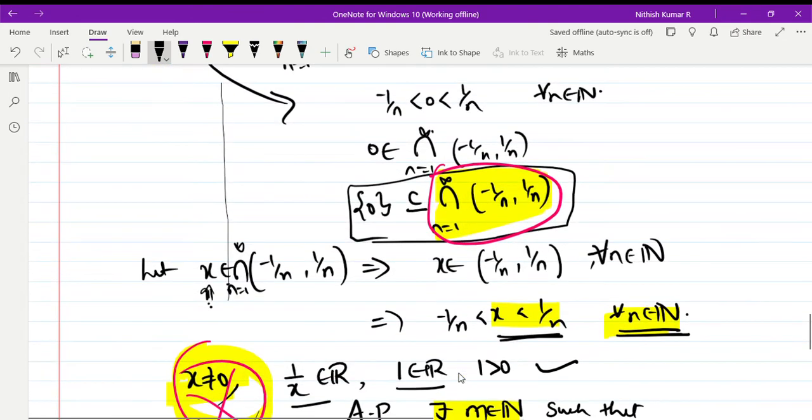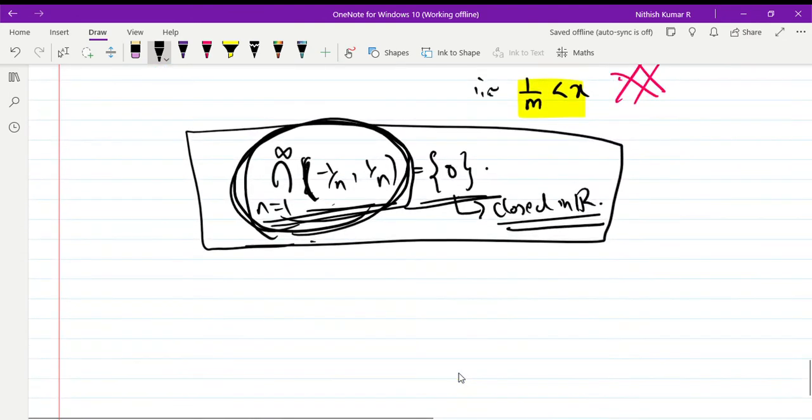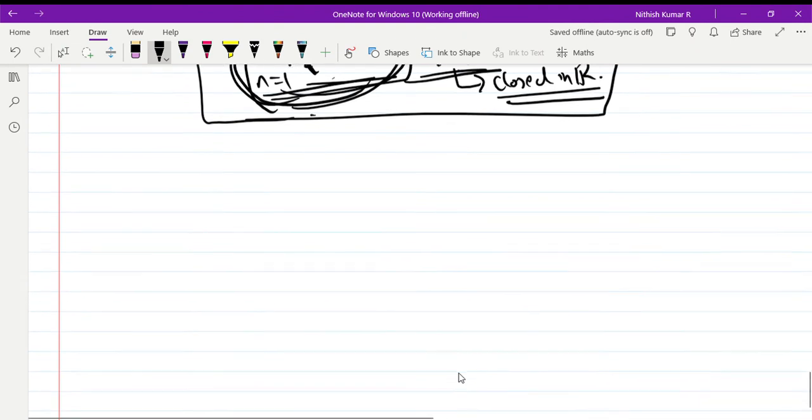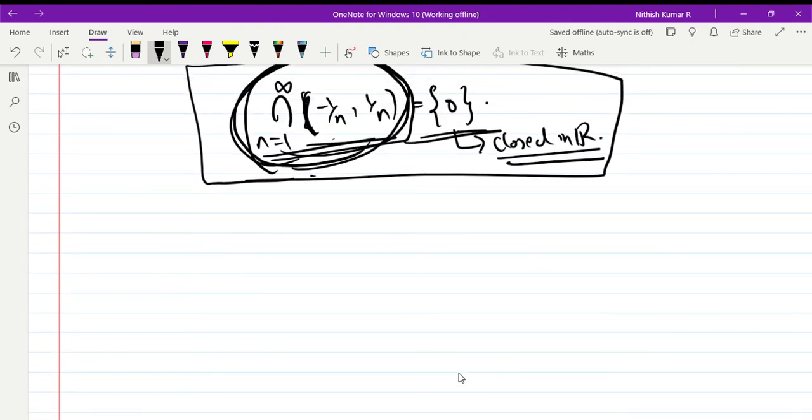What happens if I take the countable union of closed sets?